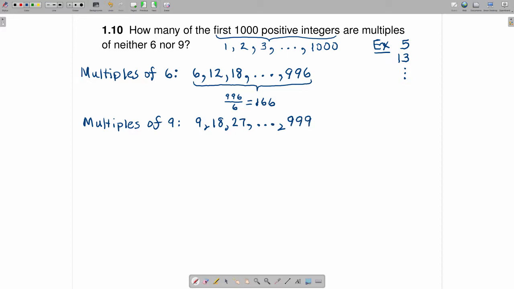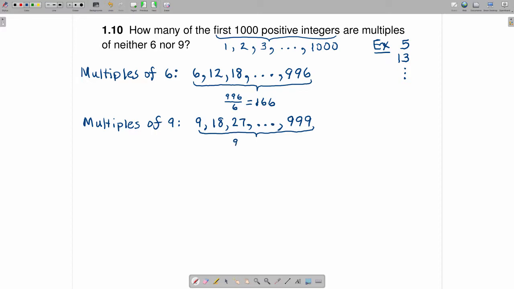So the next question might be, how many of those numbers out there are multiples of 9? And the way you answer that is pretty much analogous to answering the previous question for multiples of 6.